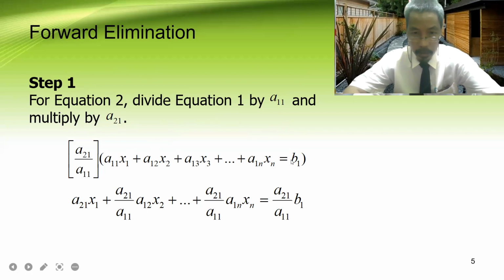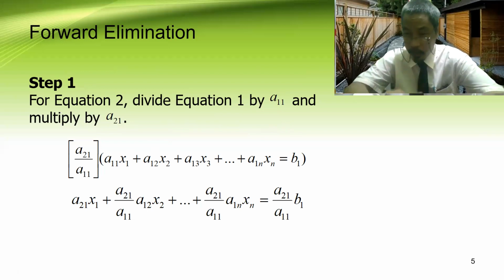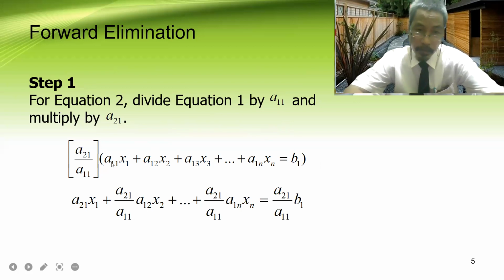This is equation 1. We have to manipulate equation 1. Okay. By dividing it by A11, A sub 11. Actually, this is A sub 11 because we do not actually change the first equation, but we are going to divide it, okay, by A11.